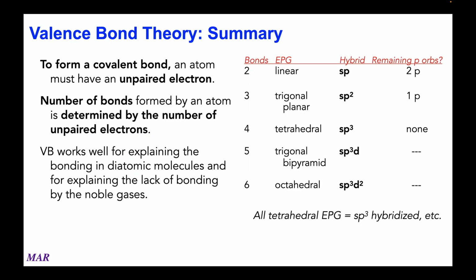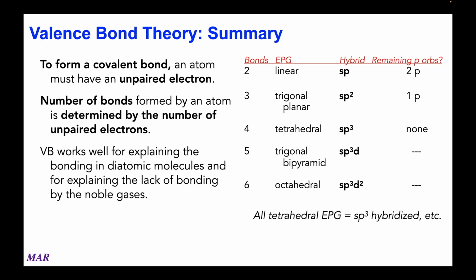This is a summary of the different types of hybridization that are possible. And I want you to look at these terms: sp, sp2, sp3, sp3d, and sp3d2. And these are going to be important. You can always find the hybridization from the electron pair geometry. So for example, if you see one of the examples from the last chapter that's trigonal bipyramid, you know that it's sp3d.